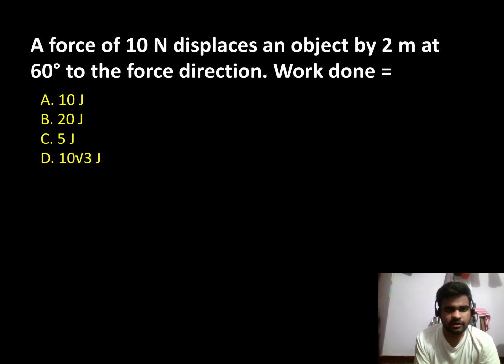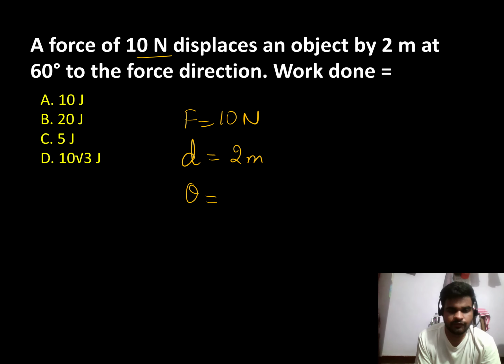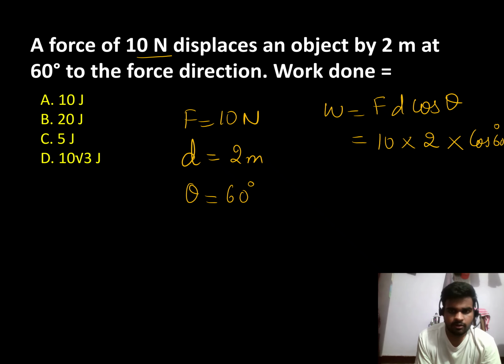A force of 10 Newton displaces an object, displacement is 2 meters, at an angle 60 degrees to the force direction. So work done here is F D cos theta, force into displacement into cos 60. 10 into 2 into cos 60, which is root 3 by 2.